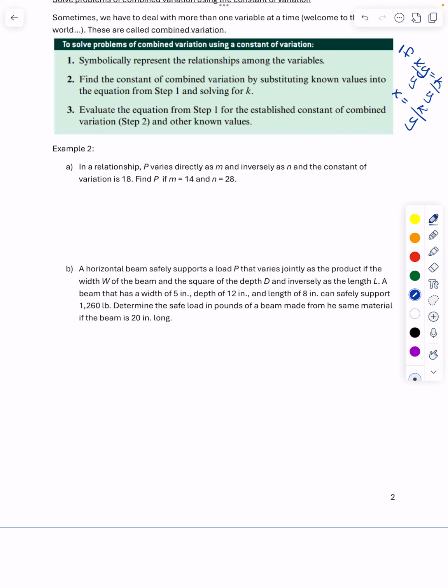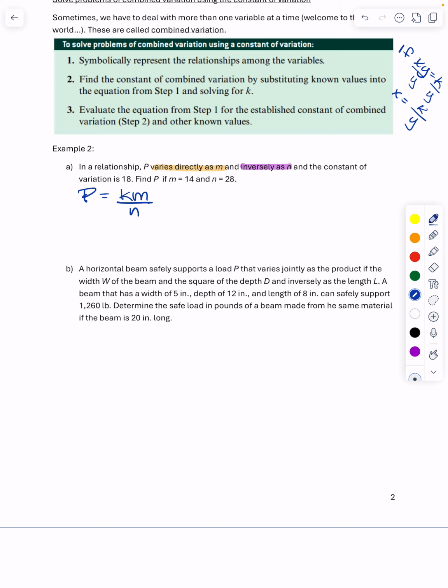So in a relationship, P varies directly as M. Let's see if I can color code here. P, here's my constant of variation, K, varies directly as M, and inversely as N. Directly is getting multiplied by that constant of variation.